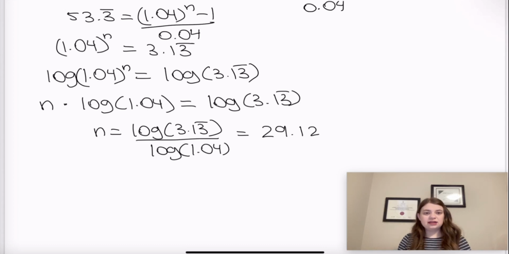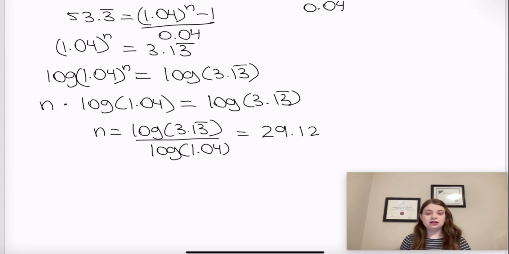However, the thing is, this was actually in semesters, right? This was calculated semi-annually. So actually, this is just saying a little over 29 terms. So we have to divide by 2 to get the number of years. So that's going to be just over 14 and a half years.